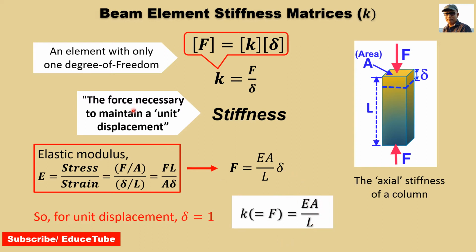If we look at this definition, surely we know this is nothing but the stiffness. And this is the force also: the force necessary to maintain a unit displacement. Already I assumed unit displacement. This force is necessary. How much is it? EA over L. So surely this is stiffness.